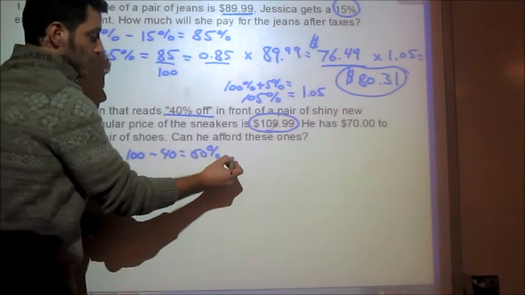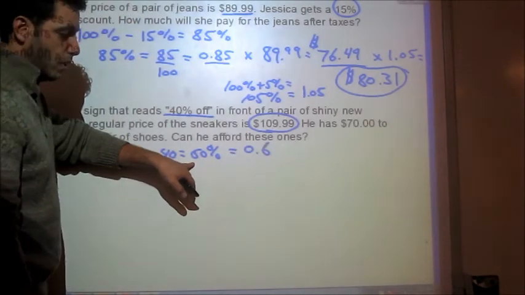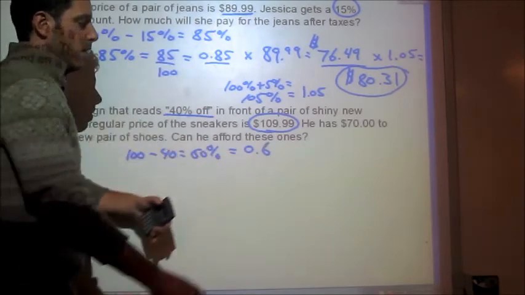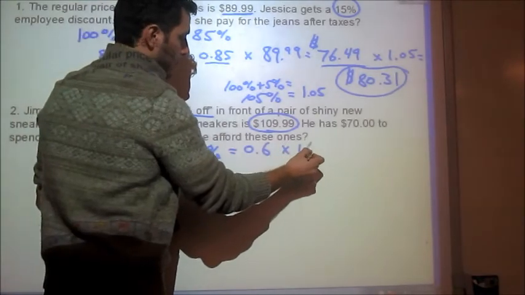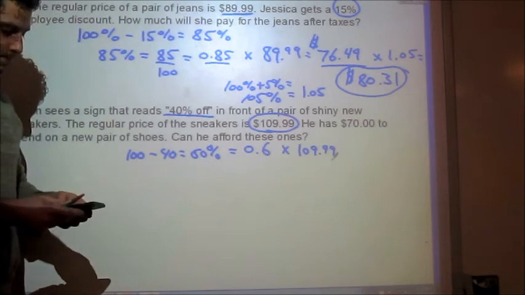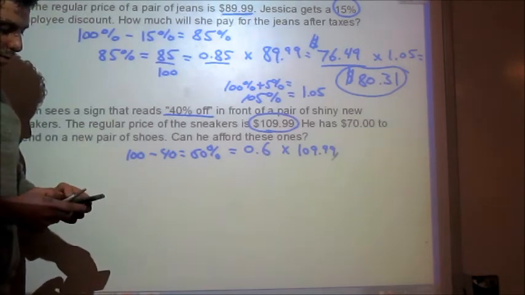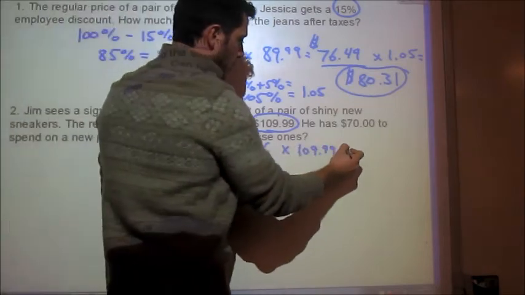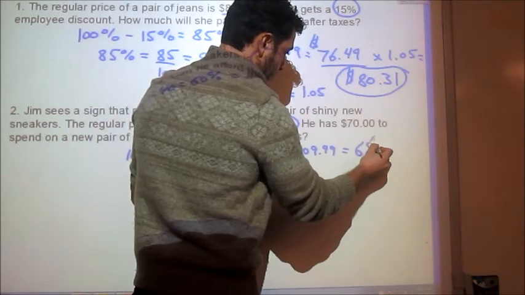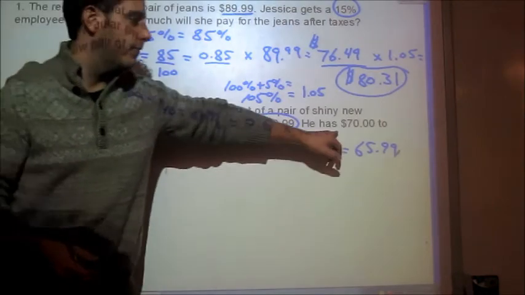So if we convert this percent into a decimal, 60 divided by 100 will give us 0.6. And multiply that by the original price, the discounted price is $65.99. So far, it looks like he can afford it, right?